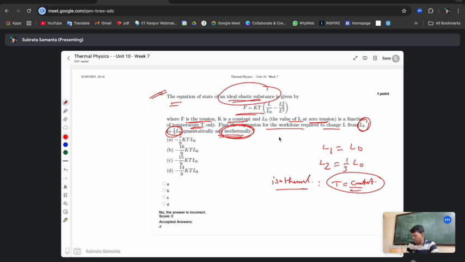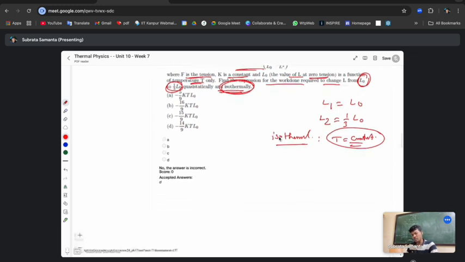Then you have to calculate this. The system just looks like something like this. We have an elastic rod, and the tension is this, this is your force, and the length is L. F is the tension.